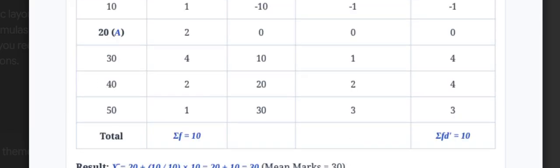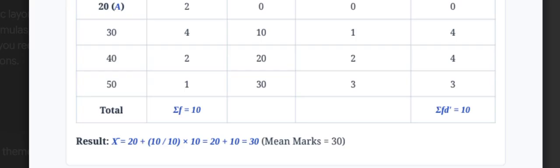So similarly, after calculation of this, we will put this here. You are getting here sigma fd dash is equal to 10. Sigma f you are getting 10. So put the values in the formula. Mean is equal to assumed mean, which is 20, plus 10 upon 10 into 10.